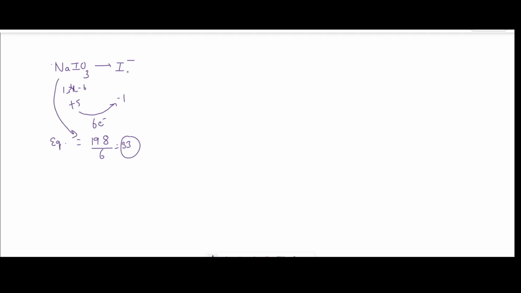If NaIO3 is reduced to I2, here it is +5 and in I2 it is 0. So how many electrons are transferred? 5 electrons.